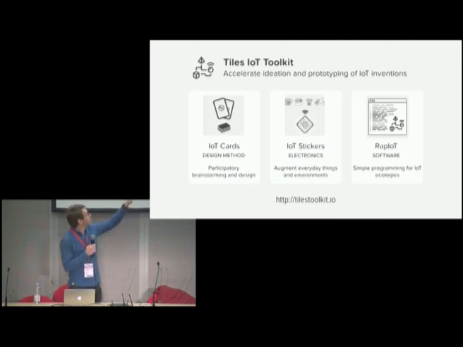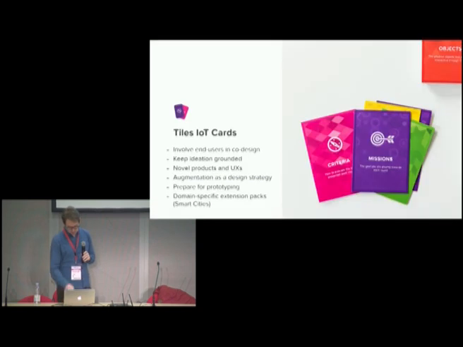We have a brainstorming game, which is what I'm presenting now, called IoT Cards. And then we have a prototyping platform that complements the ideation platform, based on IoT stickers, or stickers with electronics that are used to build the prototype of the ideas that can be generated with the cards.